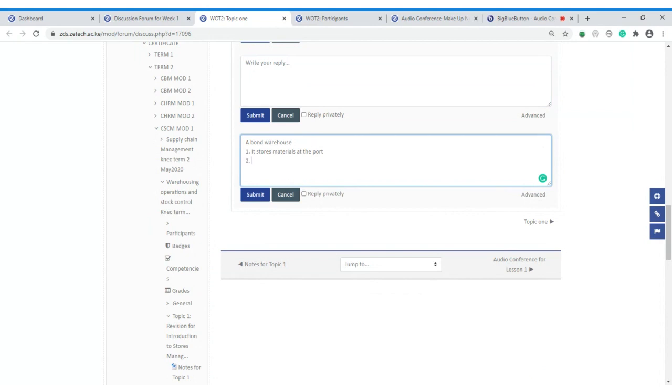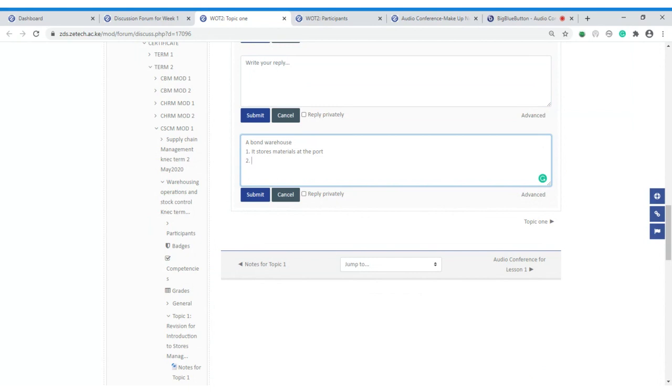And then for public warehouses, you say it stores materials inland, in the inland area. Yes, inland. Let me write that. Okay, I've gotten it. Yes, stores materials inland. So that is a public warehouse.